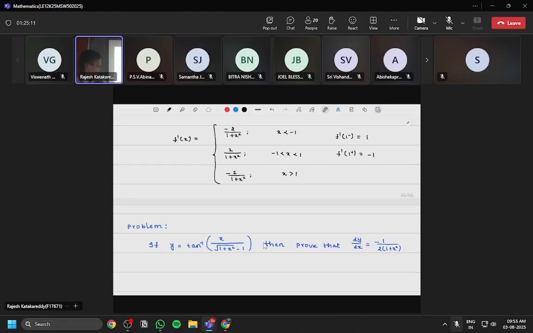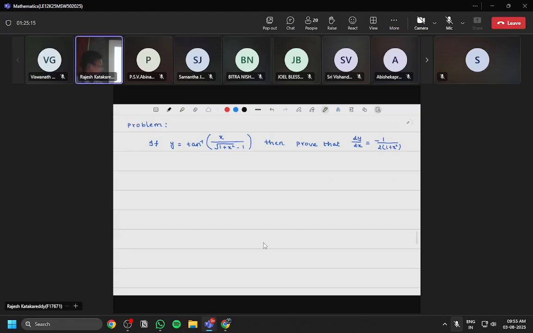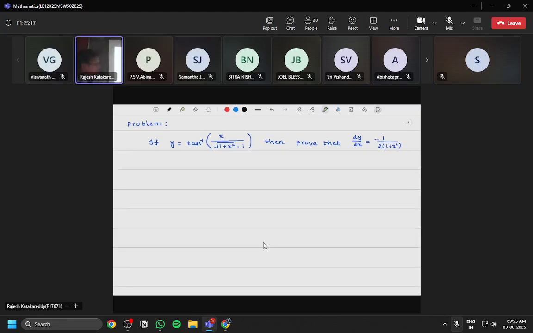Similar to this, they asked in JEE Mains. We need to take some substitution and we need to differentiate. I'm completely okay if you can do the chain rule. I believe the chain rule is a little complicated to do in this case, right? So what is our substitution in this? Tan theta. Let's think what happens if I put tan theta here.